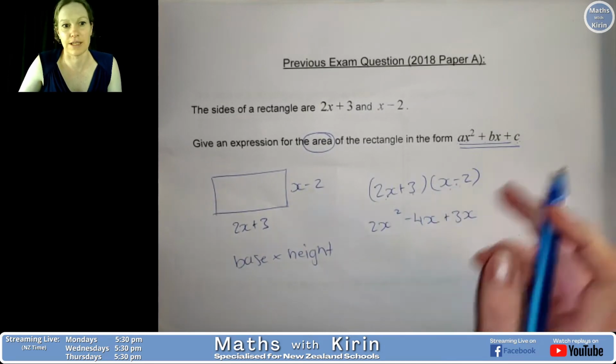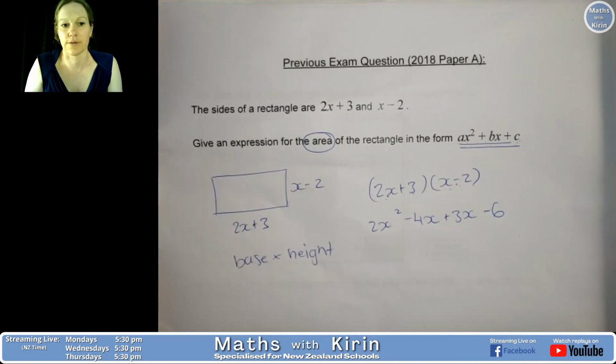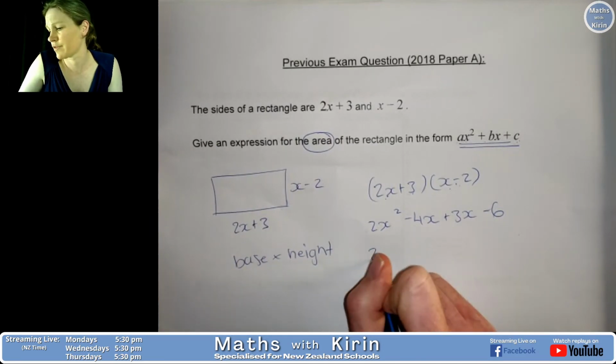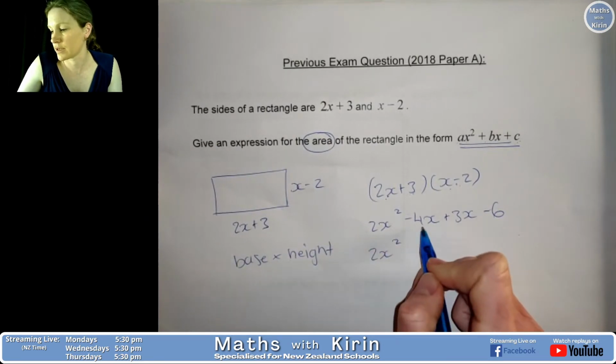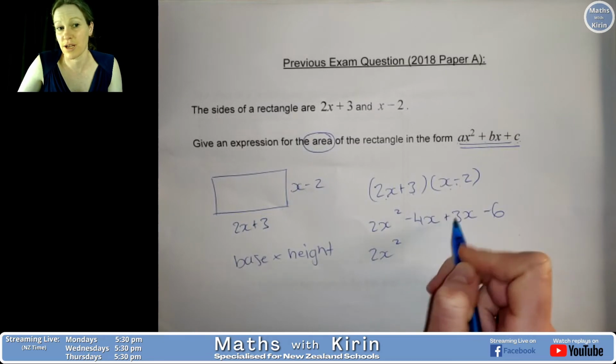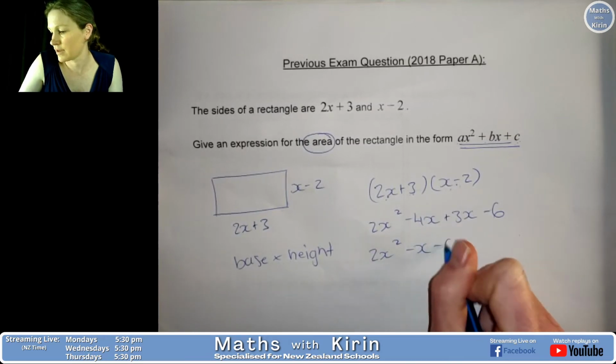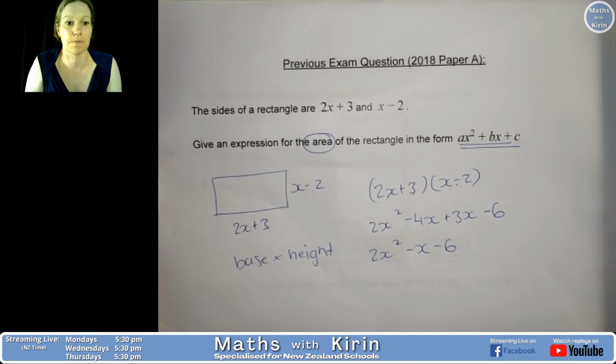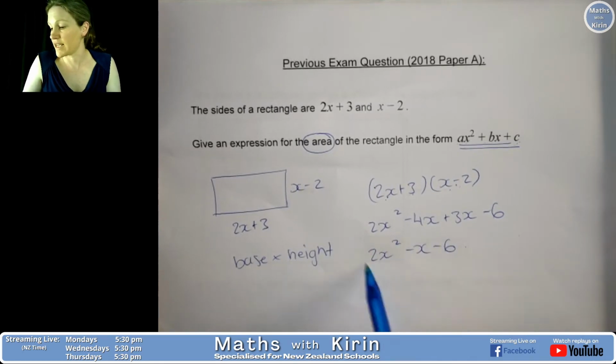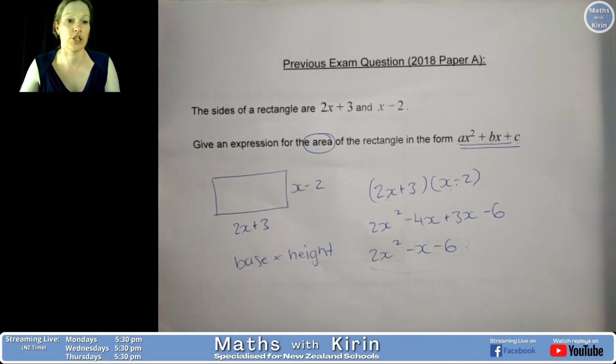And 3 times negative 2 is negative 6. Okay, simplifying, we get 2x squared minus 4x plus 3x is negative x, and then minus 6 to finish. Okay, so if we get that, then that's an achieved skill, and so we've got achieved for that particular question.